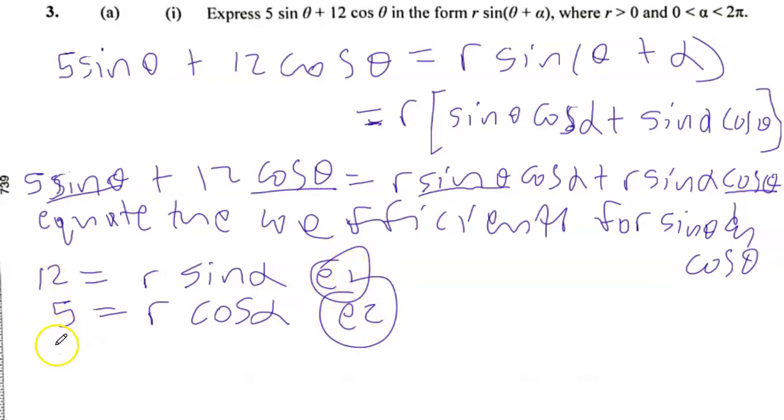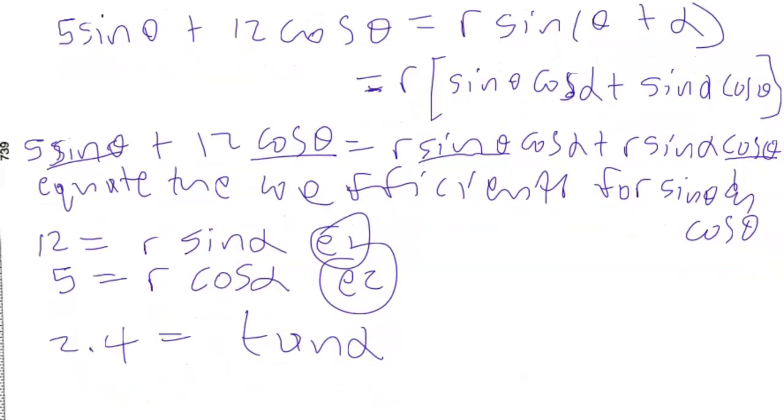So 12 divided by 5, that's 2.4. And r sine alpha divided by r cos alpha, the r will cancel. So you're left with sine alpha divided by cos alpha, that's tan alpha. So tan alpha equals 2.4, which means that alpha is tan inverse 2.4.